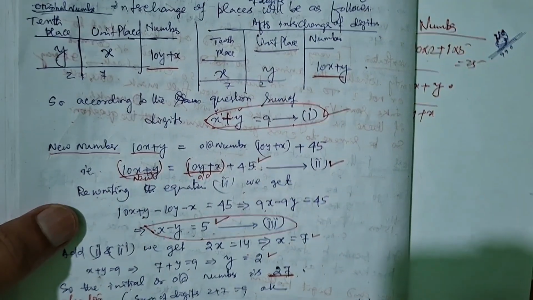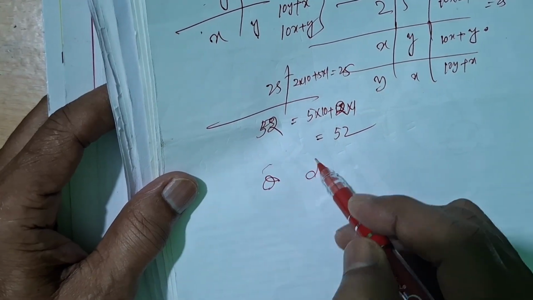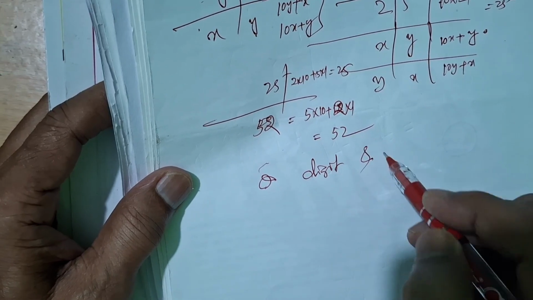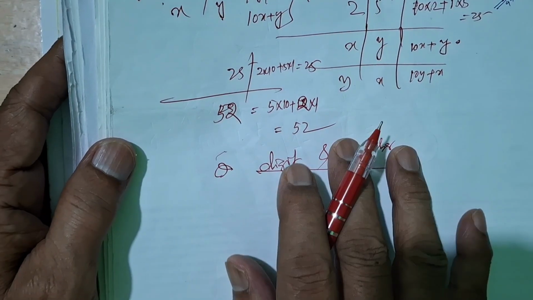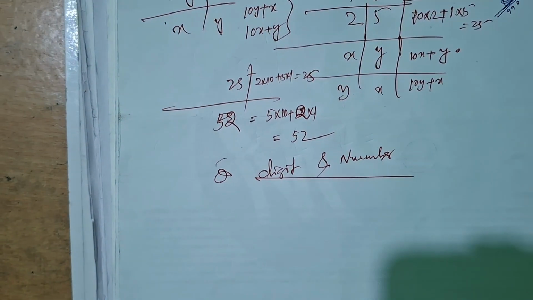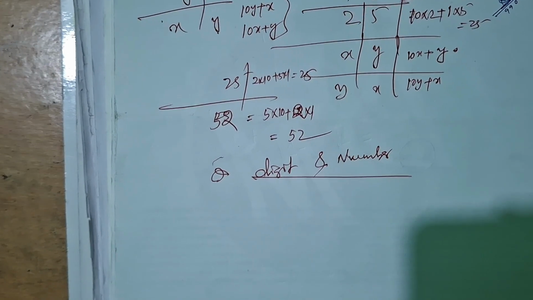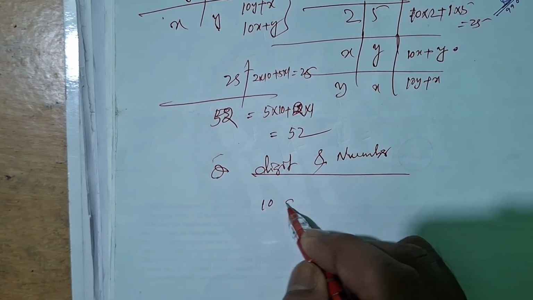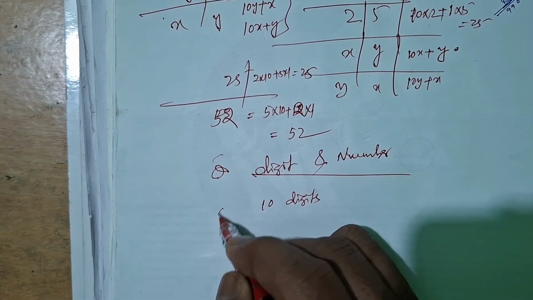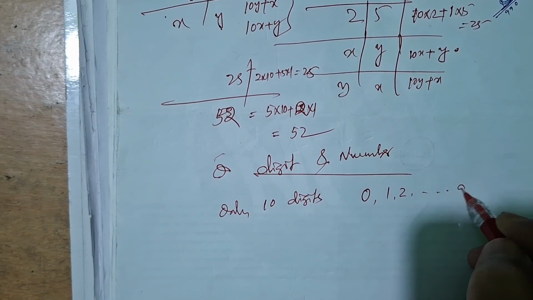Now another thing I want to discuss with you: what is the difference between a digit and a number? There is a wide difference. In digits, there are only 10 digits, that is 0, 1, 2, up to 9.